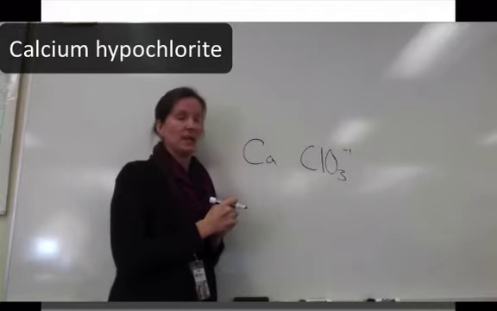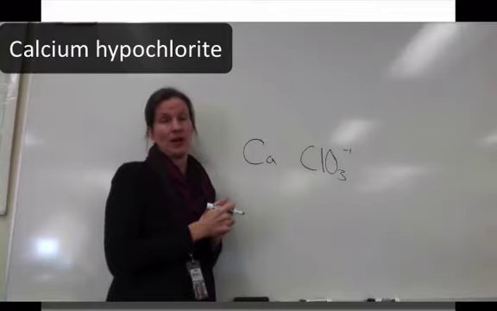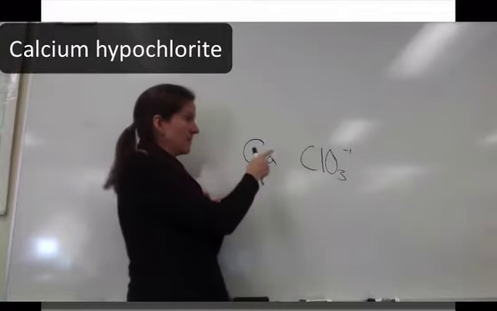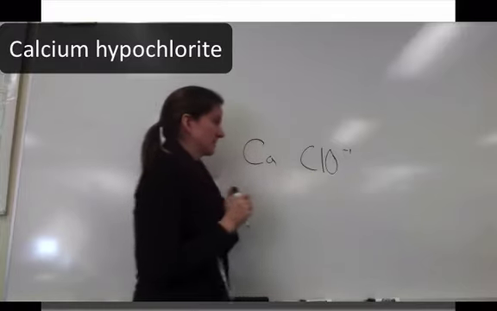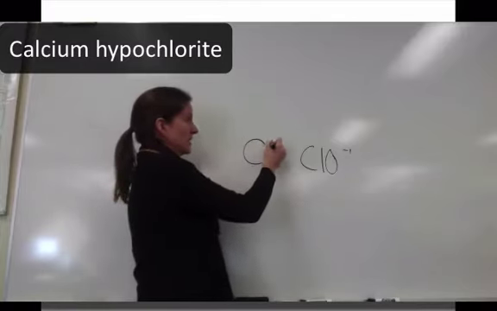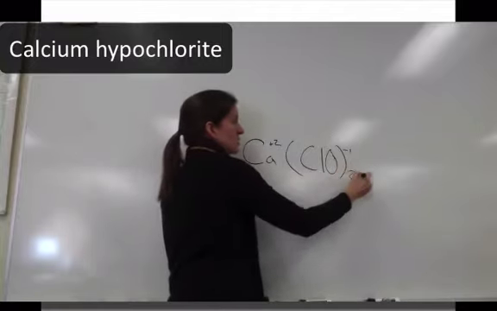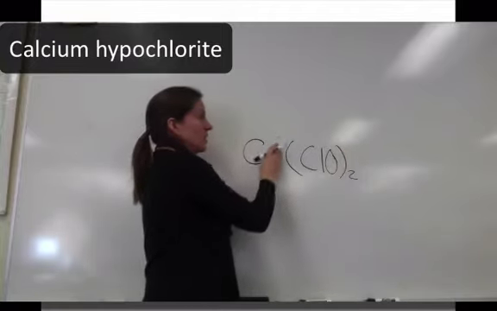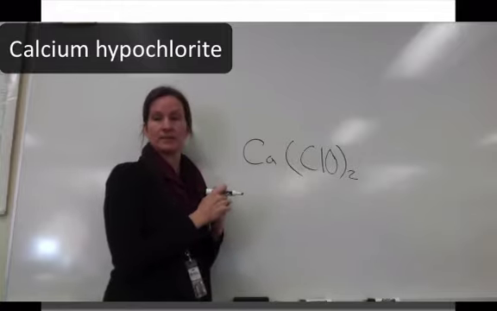Chlorite would be ClO2, but this isn't even those. This is hypochlorite, which is 2 less than the original, which would bring it down to just this. Calcium has a charge of +2. Crisscross, bring the 2 down as a subscript on the outside, erase my final charges, and that is calcium hypochlorite.